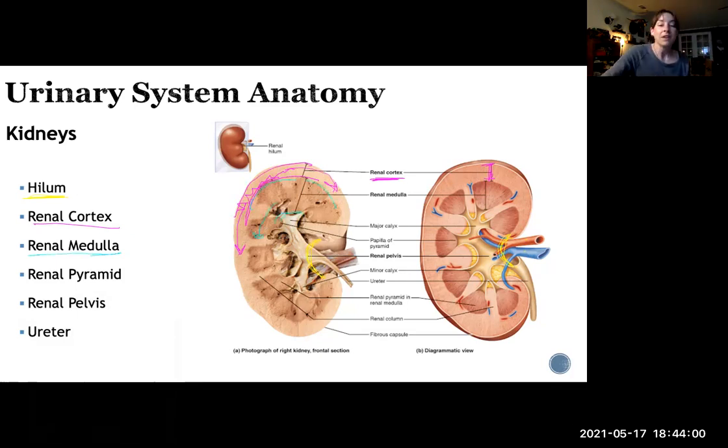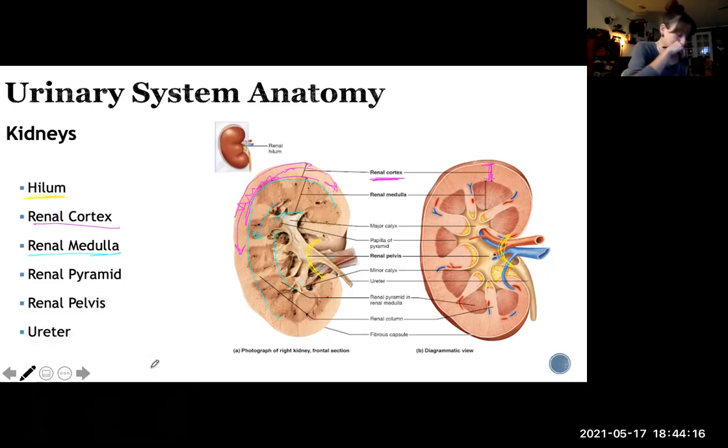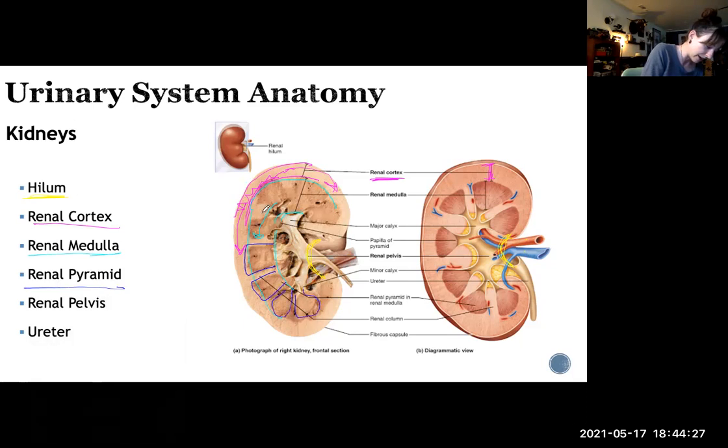The medulla has these important structures within it, you'll notice, okay? Within the medulla, you have what are called renal pyramids, which are these guys right here. So you have multiple of these guys throughout the entire thing.